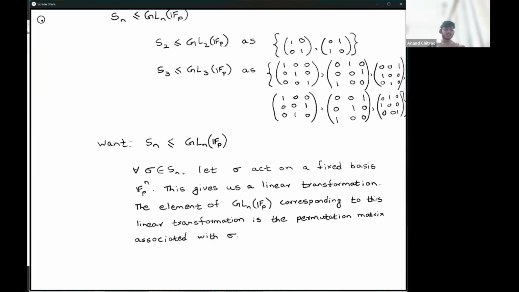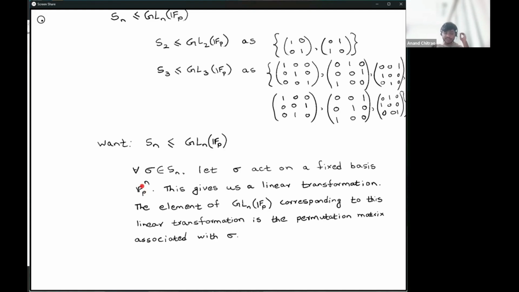Okay, so let's revise this. What happened over here is you start with GLn(Fp). You take Fp power n, an n-dimensional vector space over Fp. Elements of GLn are invertible linear transformations on Fp power n.